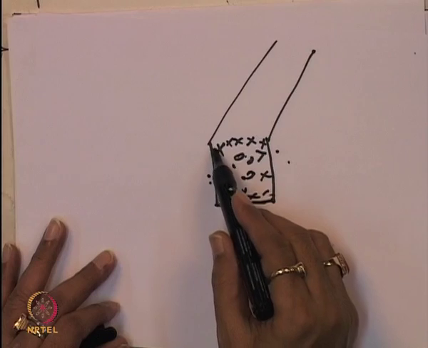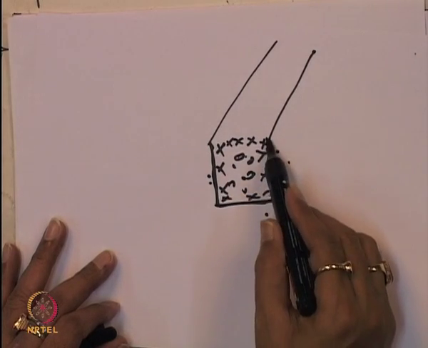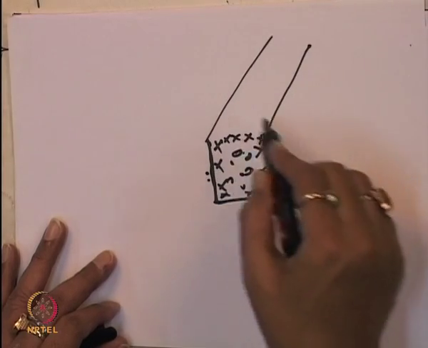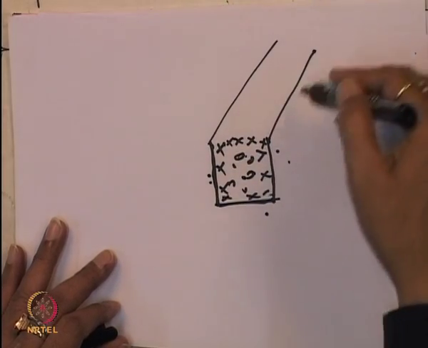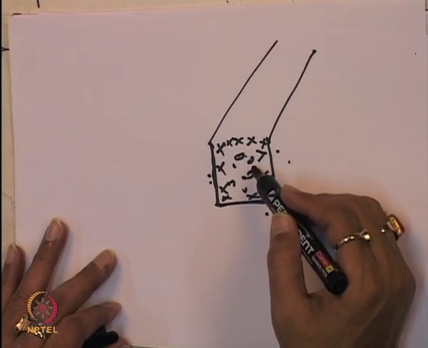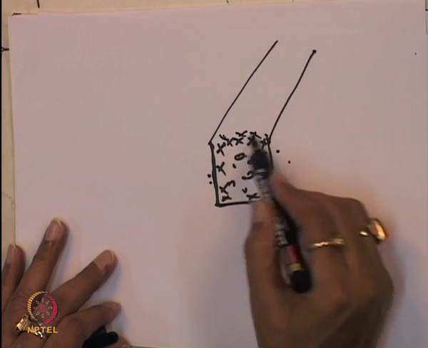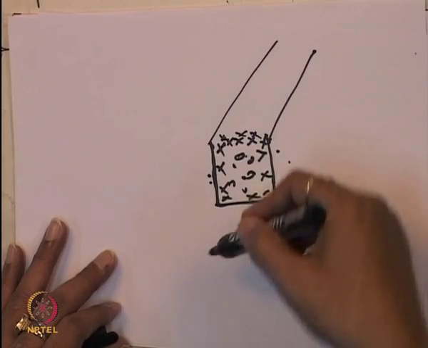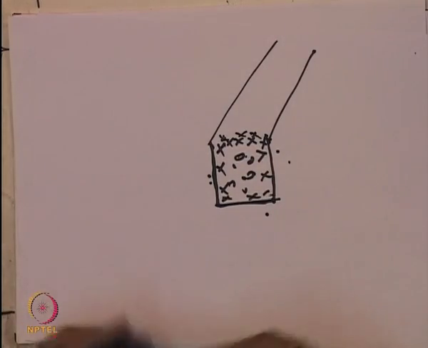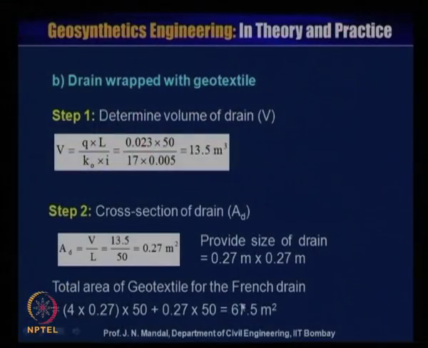So you have to cover this side, this side, this side and also this side, the fourth side along this length, plus you have to give another overlap on the top. That means 0.27 along this length of 50 meter. So the total area of the geotextile for the trench drain requires about 4 into 0.27 into 50 meter length plus 0.27 wrap into 50, that means 67.5 meter square.